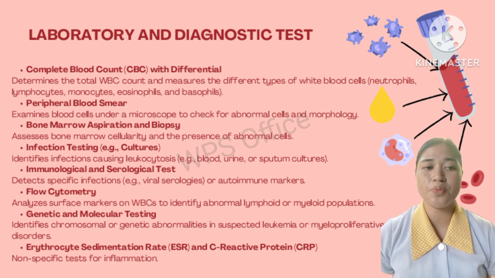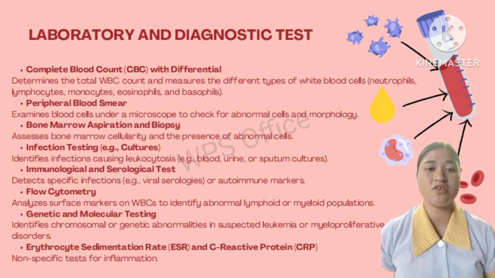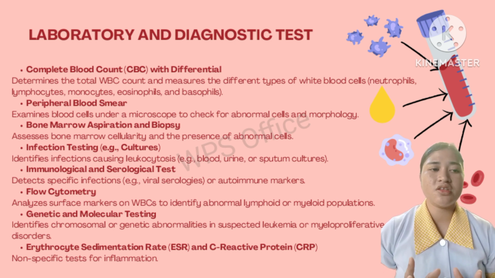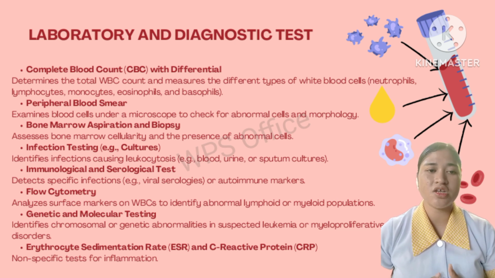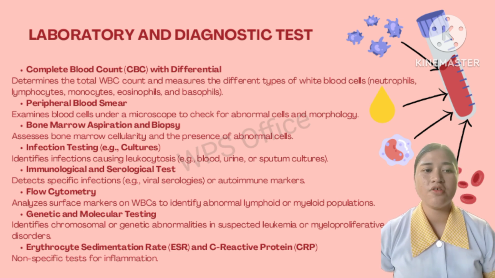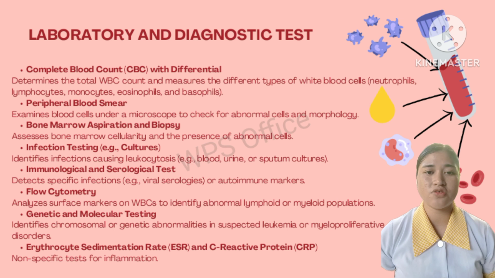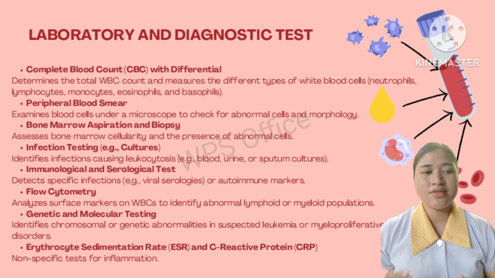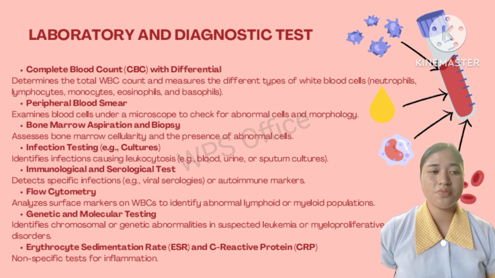So first one is the complete blood count or CBC with differential. It determines the total WBC count and measures the different types of white blood cells: neutrophils, lymphocytes, monocytes, eosinophils, and basophils. And then the second one is the peripheral blood smear.